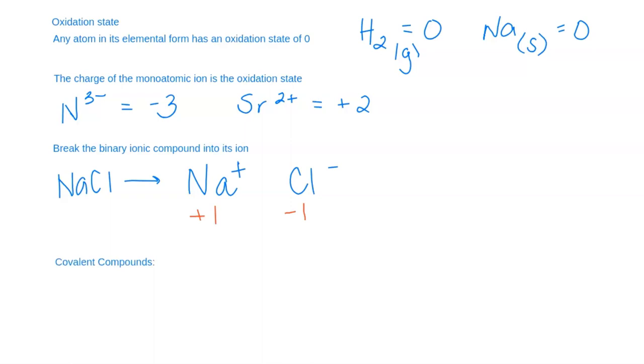For covalent compounds, we will see that the sum of the oxidation numbers must equal the overall charge of the compound. This is true for any type of compound. It's just that covalent compounds can have any charge, whereas ionic compounds are always going to be neutral. So the sum has to equal the overall charge.